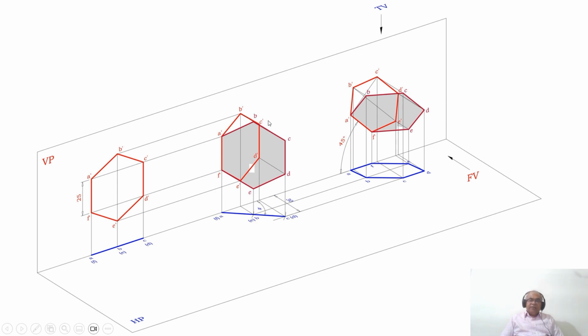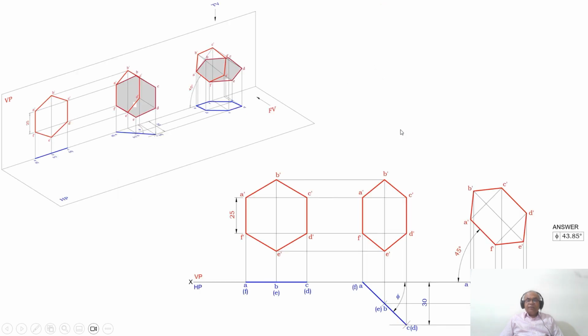And as we rotate this by an angle of 45 degrees with respect to HP, this point is going to become a line in the top view, because A dash and F dash are different points now. So you are going to have a length. Since it is inclined to HP, you will get the apparent length here. But since it is parallel to VP, you are getting the true length here. So this is how you will be able to analyze it in 3D.